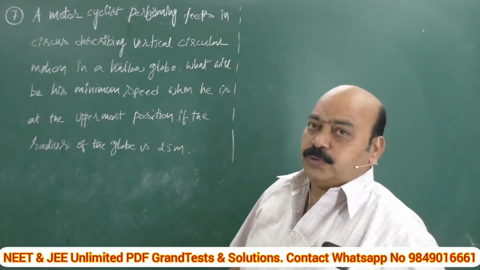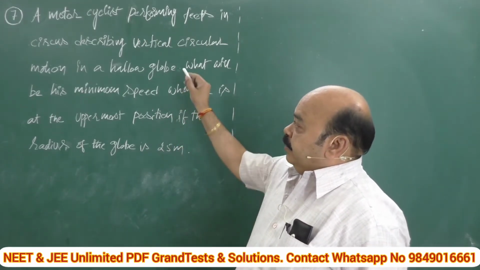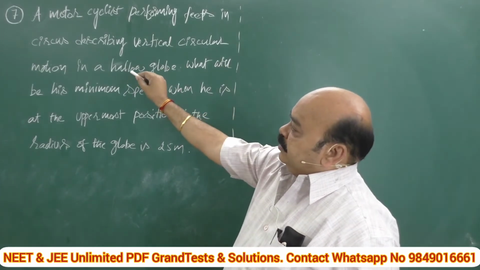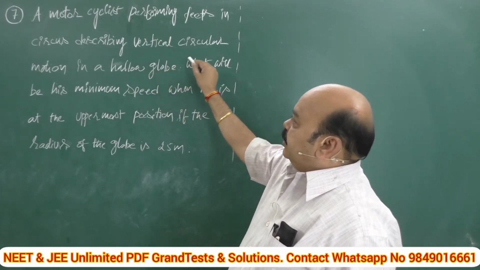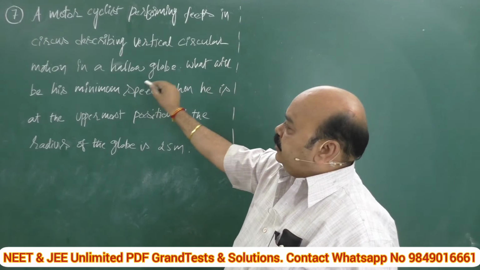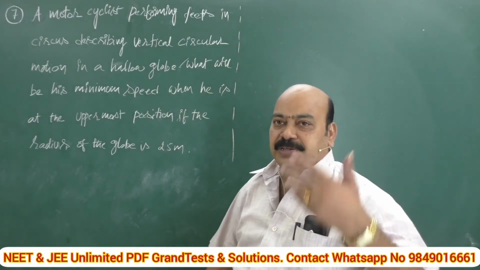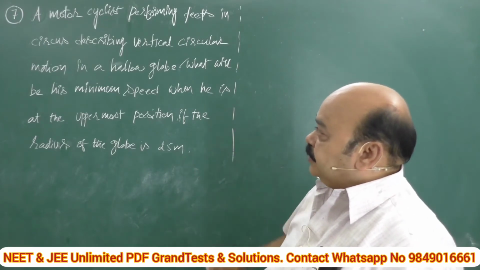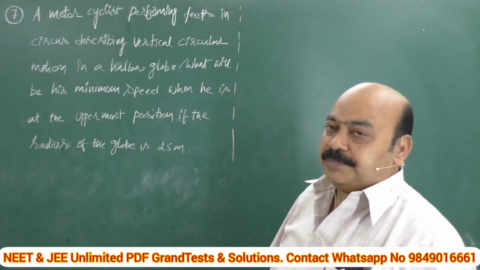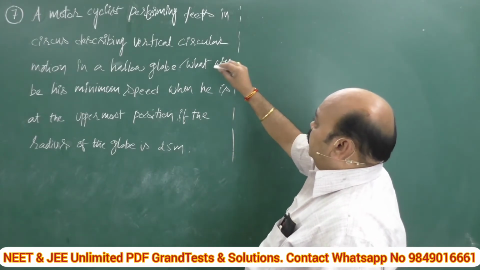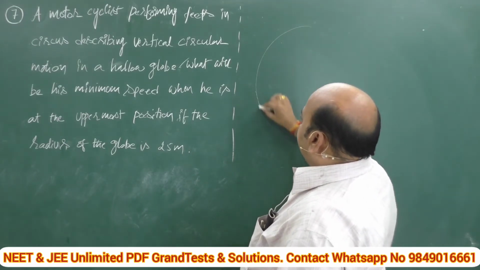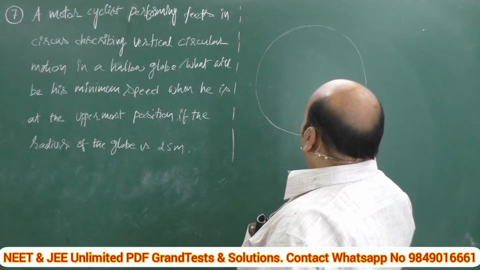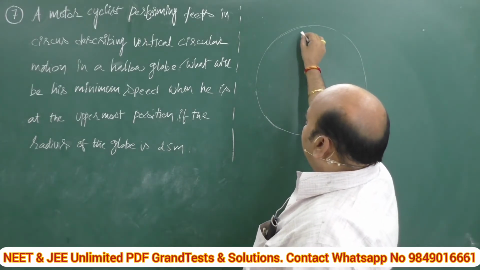Here is one more for you. A motorcyclist is performing feats in a circus, describing vertical circular motion in a hollow globe. Just imagine, it is everyone's experience, and we get this in circus generally. Here is a globe, a globe-like structure, and we can see the inside of the globe also.